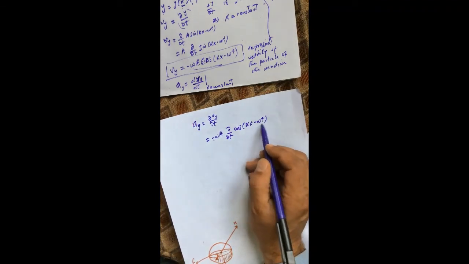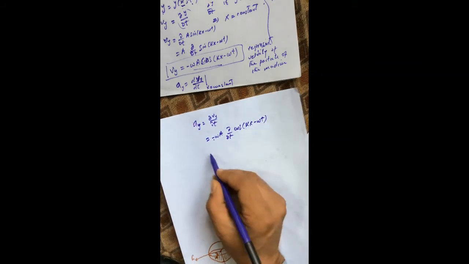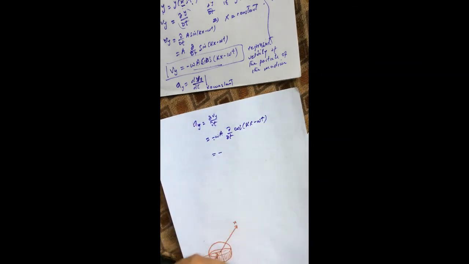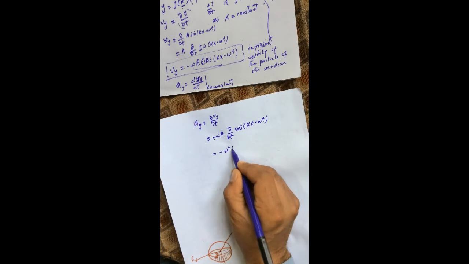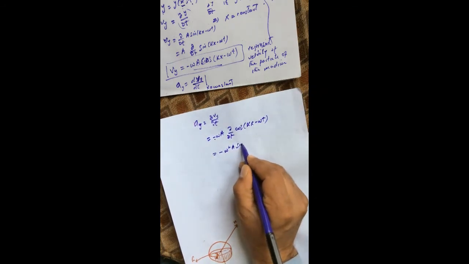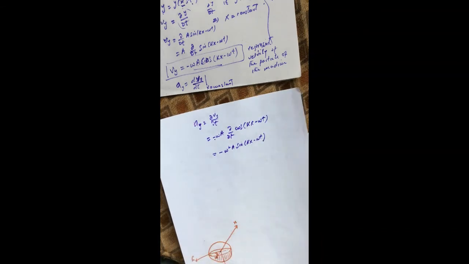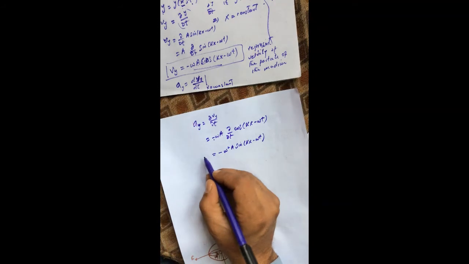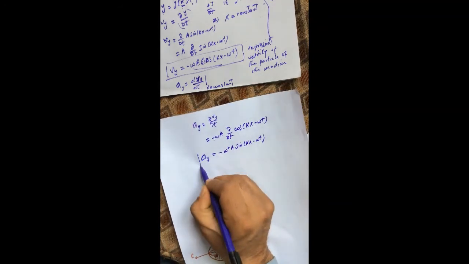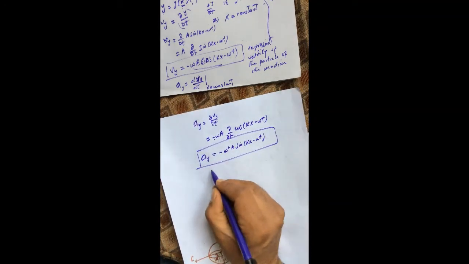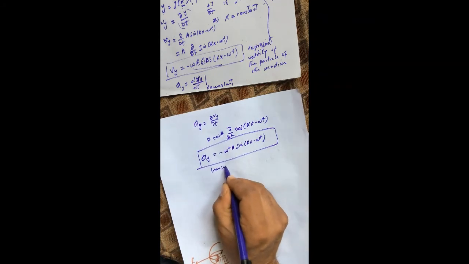And then again the derivative of the inside gives minus omega, so overall there is a minus sign here, and we have minus omega square a sine(kx minus omega t). This is the transverse acceleration.